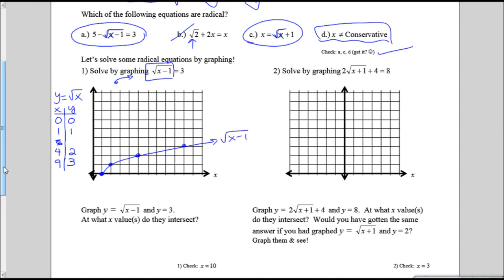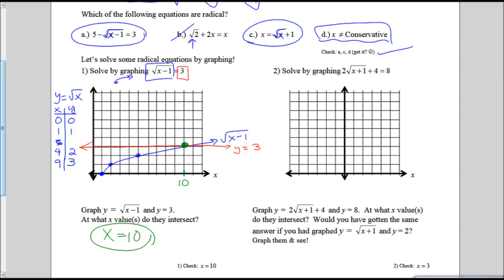Then I'm going to graph 3. y equals 3 is a horizontal line up 3 units. If I'm solving an equation graphically, I'm asking at what value do these two things intersect. They intersect right here. The x value of that point was 10, so my answer is x equals 10.